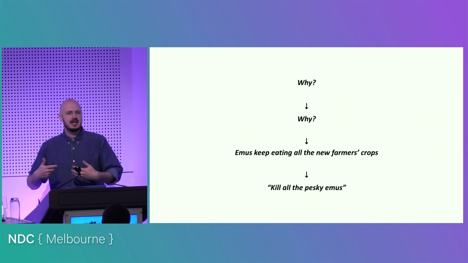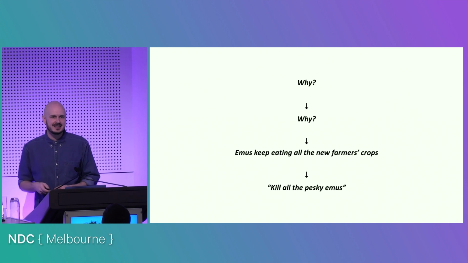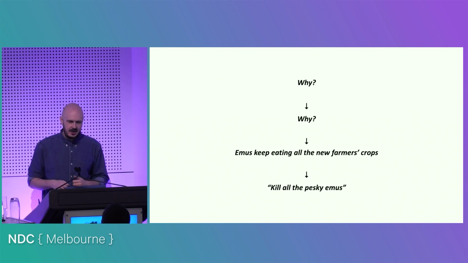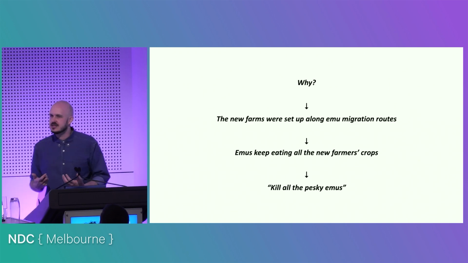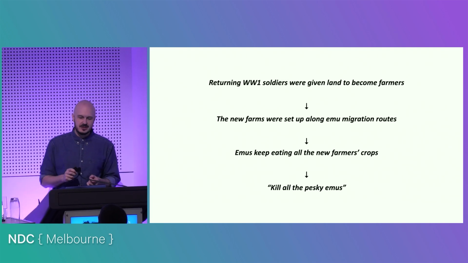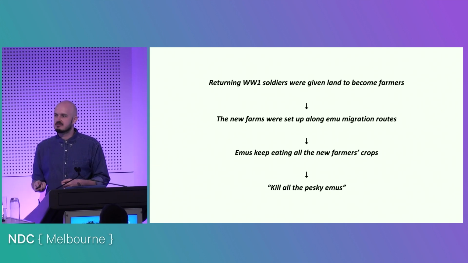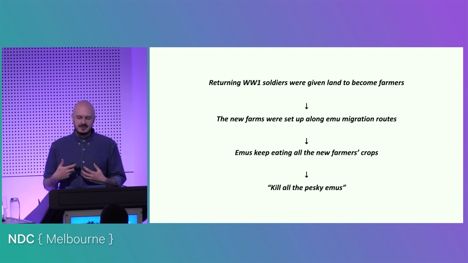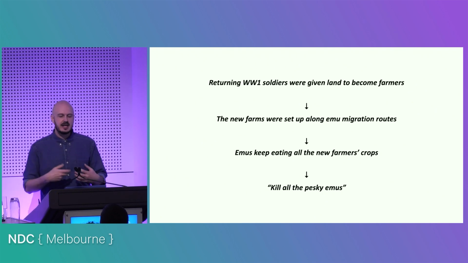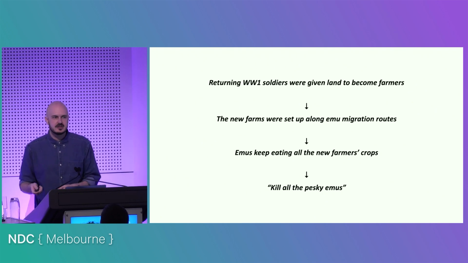I don't know, maybe where emus have been walking for thousands of years. What could go wrong? Okay, well, why that? Why the need for these new farms, and why in these less than ideal spots? Well, that was because Australia had a bunch of returning soldiers who needed employment. These soldiers were being given these plots of land so they could make their living as farmers.